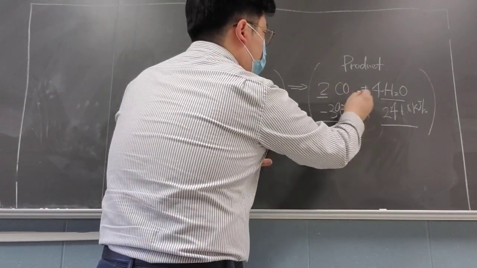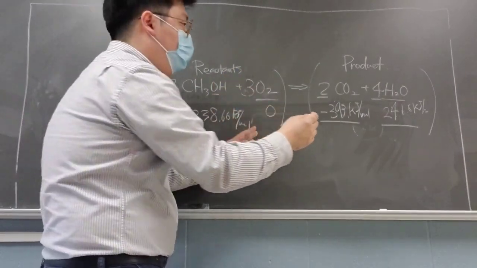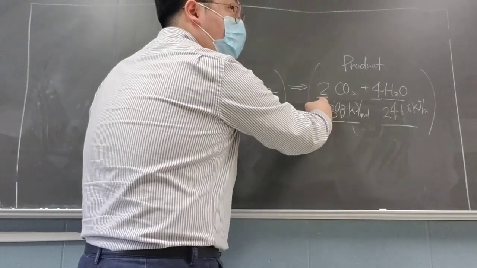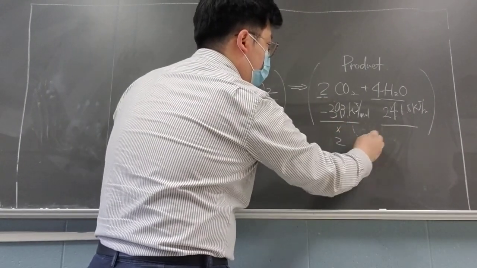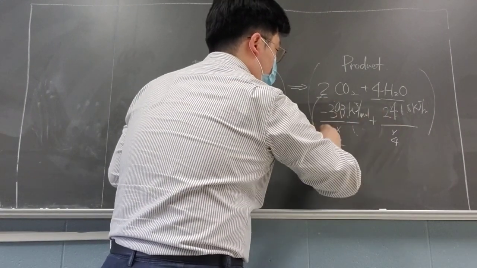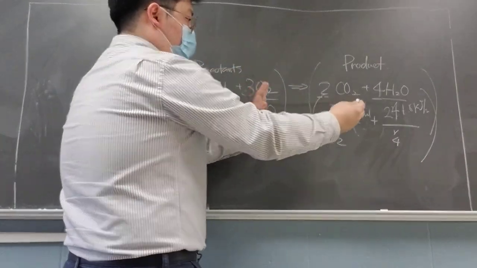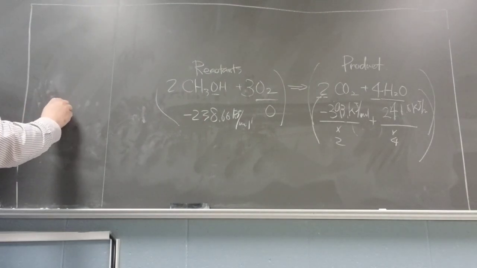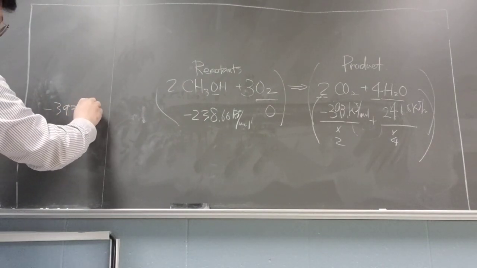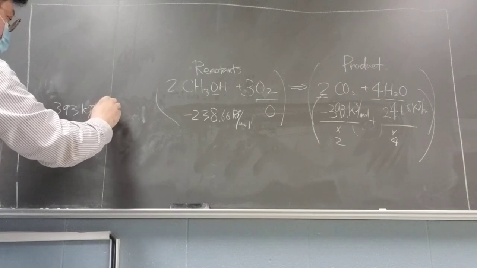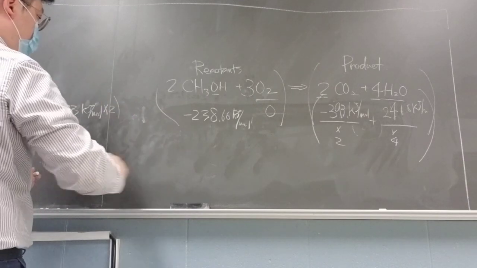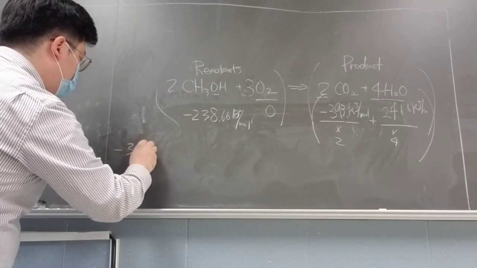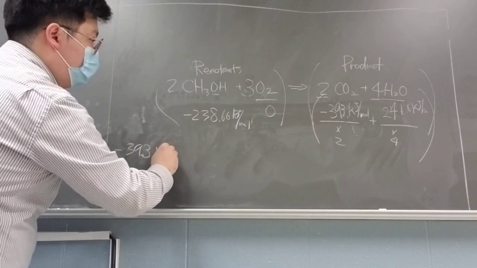But like I said before, if you have a coefficient number, make sure you multiply that enthalpy change of formation by its coefficient number, which will be 2, and 4, and add more. Okay, and then minus. So I'm going to do, maybe write it below. Two.